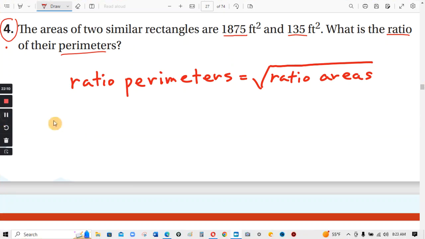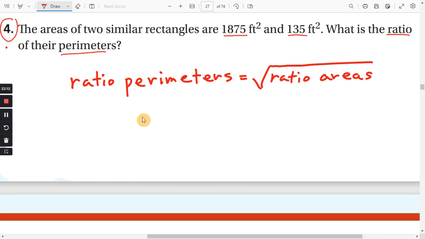All right, so the ratio of the perimeters is going to equal the square root of the ratio of the areas. So the ratio of the areas is going to be 1875 over 135. And we need to take the square root of that.